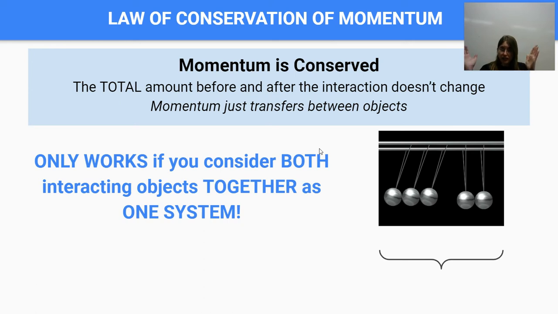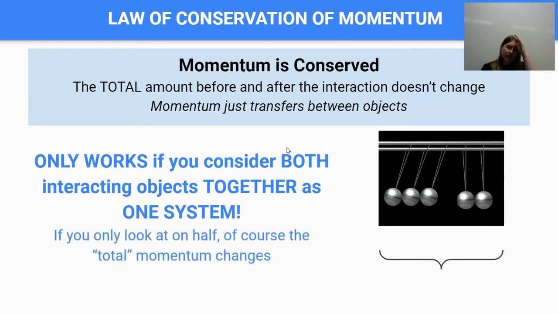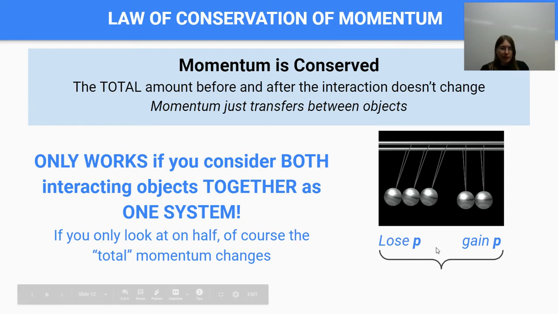We have to consider both objects, right? So momentum is only conserved if you're considering both of the objects in the interaction. If I just looked at one set of them, of course this momentum is going to change. You have to see that transfer, you have to actually look at both objects. Otherwise, you're not going to see it transfer, right? So basically, the ones that are in motion are going to lose momentum, and the ones that are still are going to gain momentum.